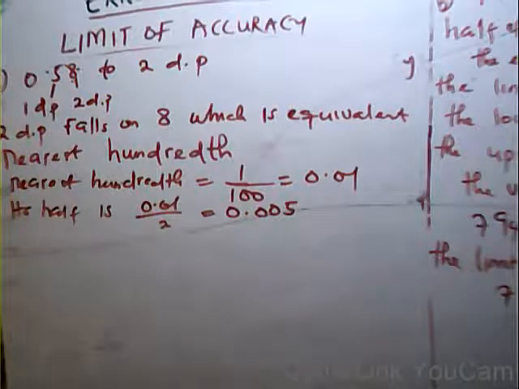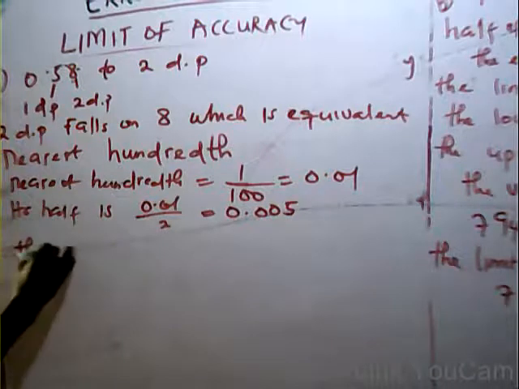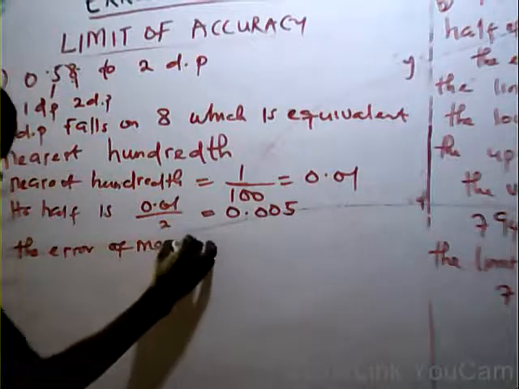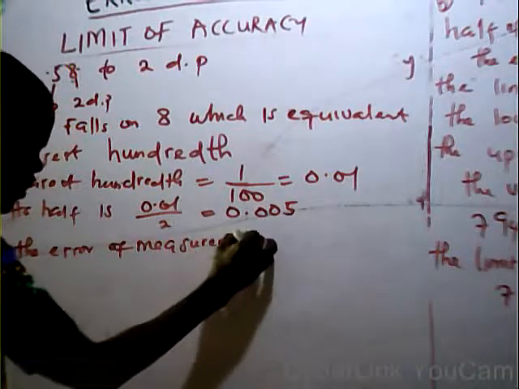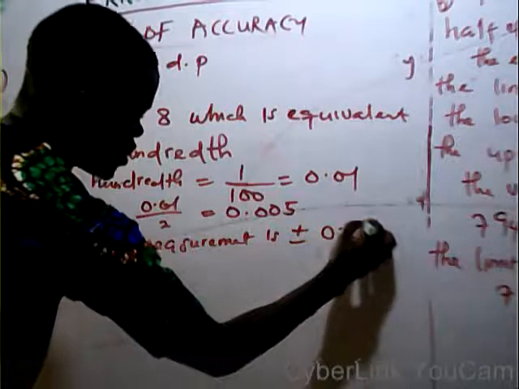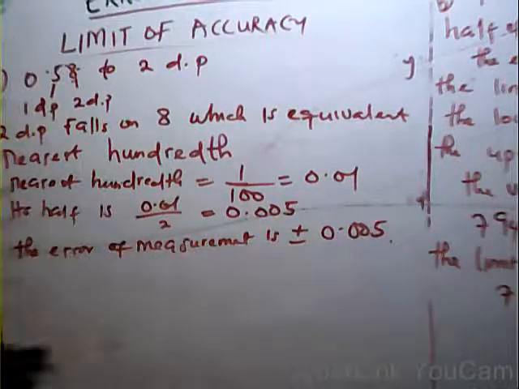So therefore, the error of that measurement is plus or minus 0.005. Are you getting this now?